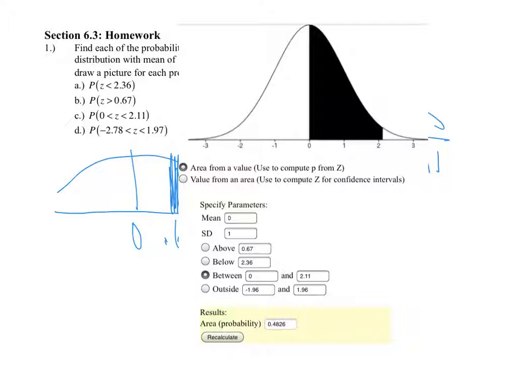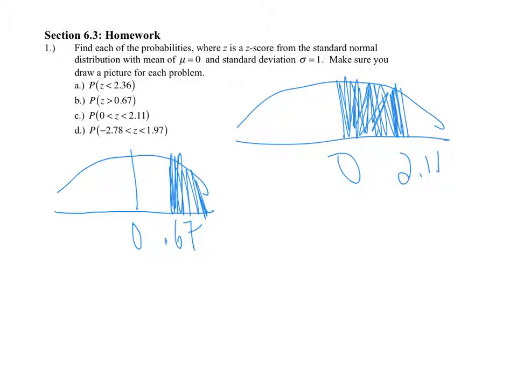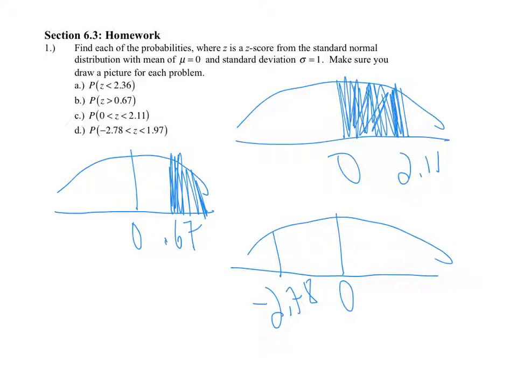So last one, remember, area from a value. Last one, we want to be between, 0's in the middle. Notice I'm always putting that mean in, negative 2.78 and positive 1.97.